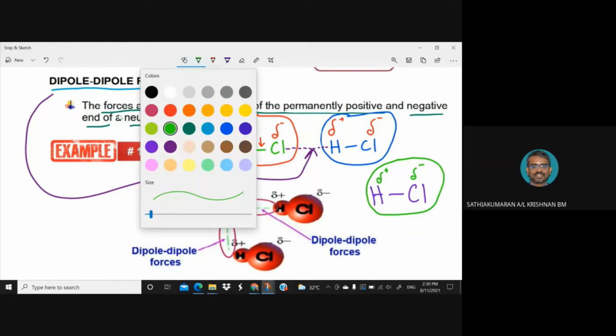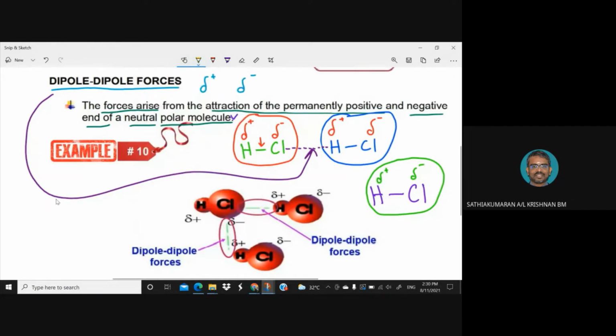So where are the dipole-dipole forces? Forces arise from the attraction of the permanently positive and negative ends. Where are the positive and negative ends? Here I have the negative end, here I have the positive end. So here will be the dipole-dipole forces.